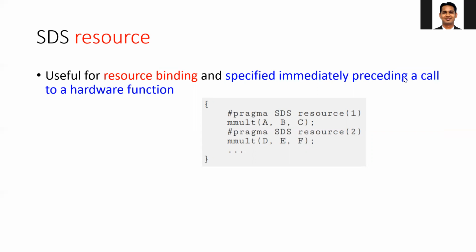That means for the A-B multiplication, I am using a separate IP, and for the D-E multiplication, I am using another separate IP. So I am using two IPs, that means double the number of resources in the hardware. This will help me get better performance at the cost of higher resource usage.